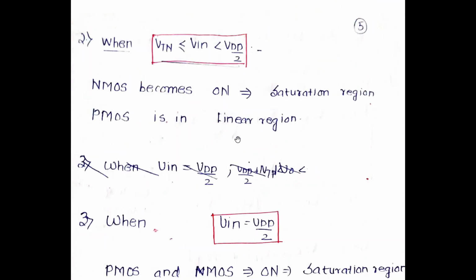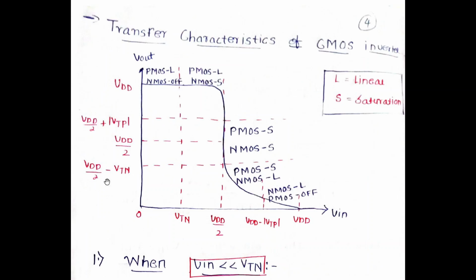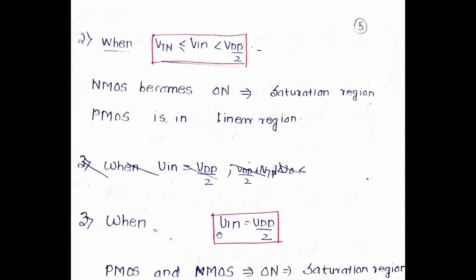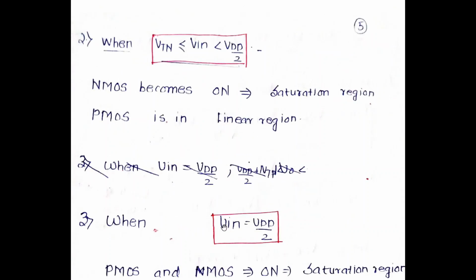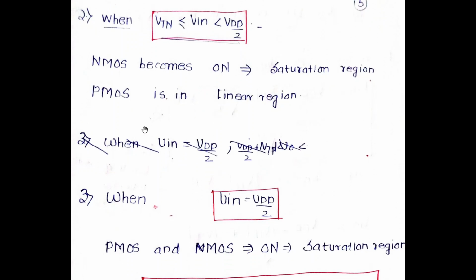Now when my input voltage becomes greater than VTN but is smaller than VDD by 2, the PMOS remains in linear region and my NMOS becomes on, which was off earlier, and it goes into saturation region.